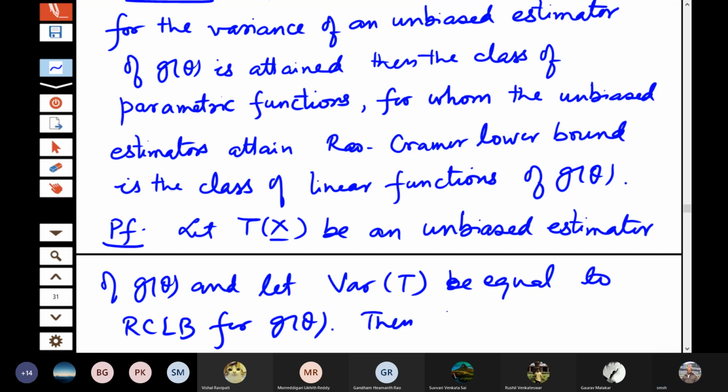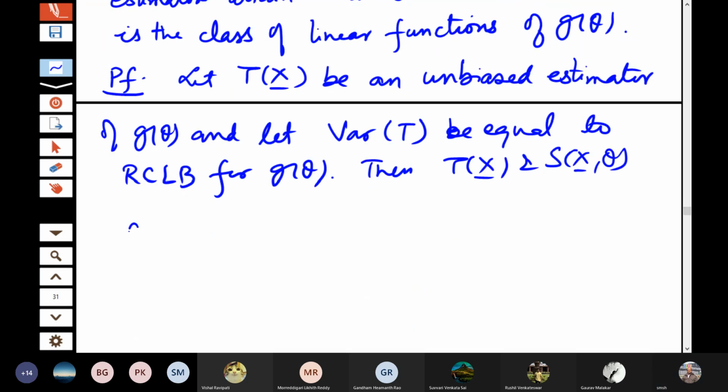Then T_X and S_X theta are linearly related with probability 1.